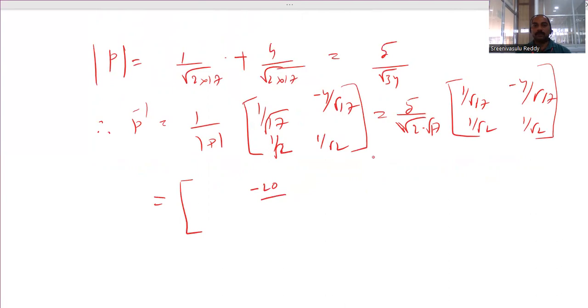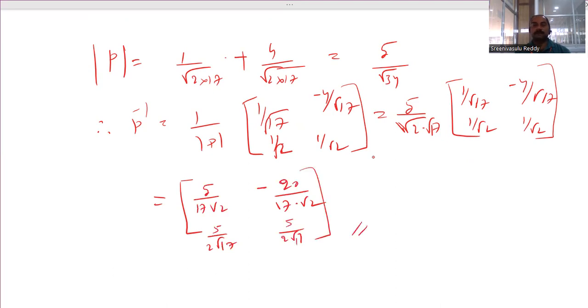What is this? 5 by 17 into root 2. Next one minus 20 by 17 into root 2. Next one 5 by root 2 into root 17. Next one 5 by 2 into root 17. This is the P inverse.